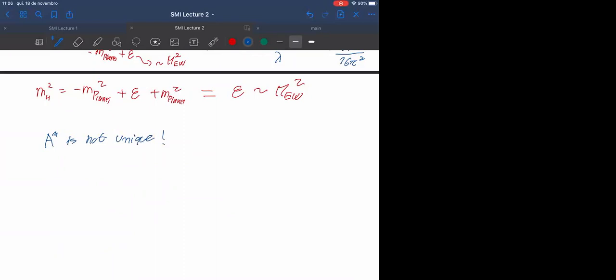We can redefine it: A mu goes to A prime mu, which is given by the original A mu plus, or minus, it doesn't matter, d mu alpha of x. So alpha is a function of the coordinates.